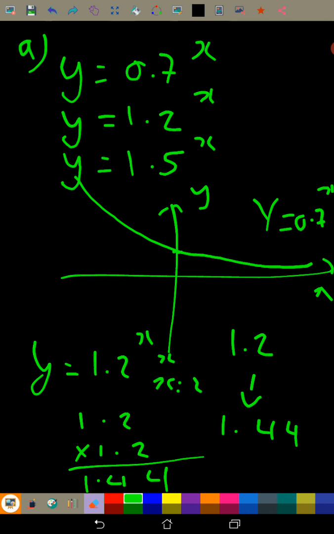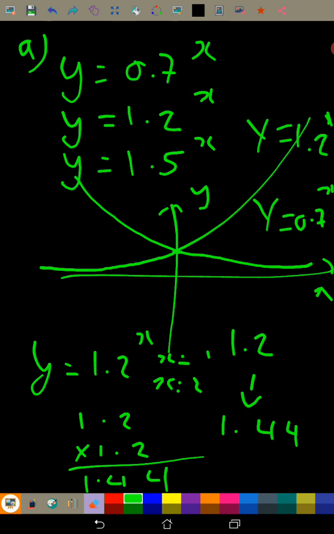When x is 1, this and this. So it's actually increasing. So y is going to increase together with x. In that case, I'm going to write it like this: y is equal to 1.2^x.